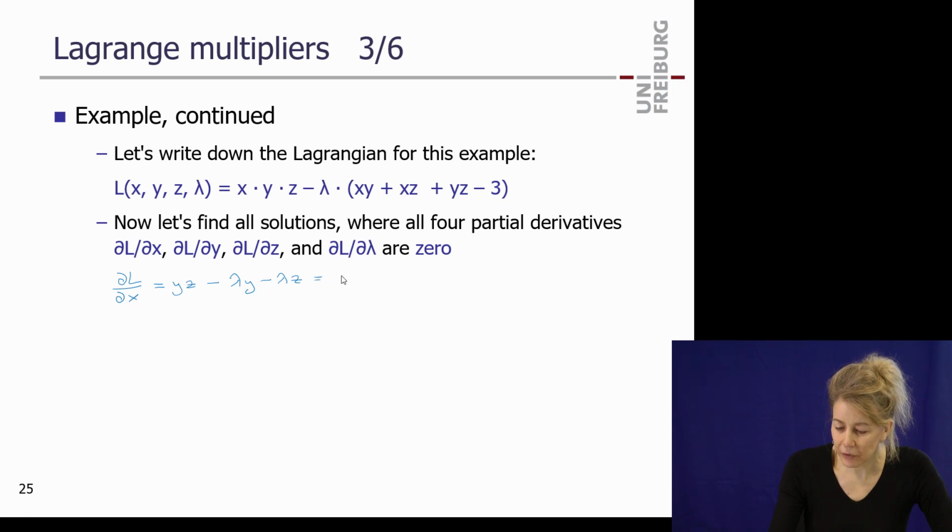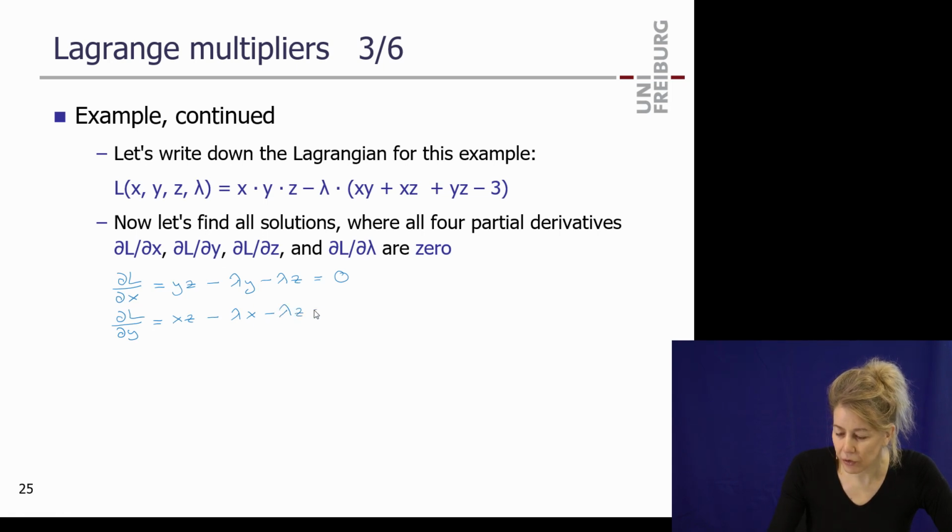And this is 0. So I get this equation system. And now, please check whether I'm not making any mistakes. Let me just write all of them. This is now xz minus lambda x, minus lambda z.